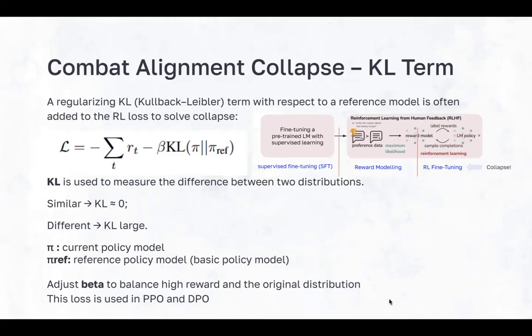If you don't have the KL term, then it will collapse very easily. But if you use KL against the base model, there's basically a strict cutoff. It's just a kind of inertia term.